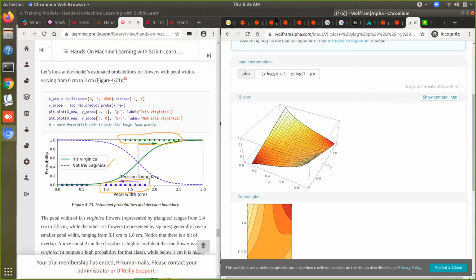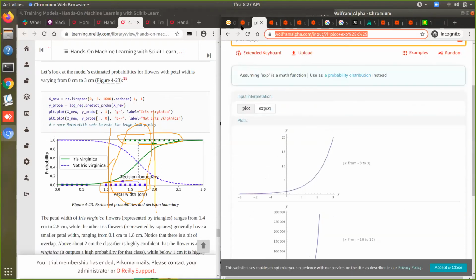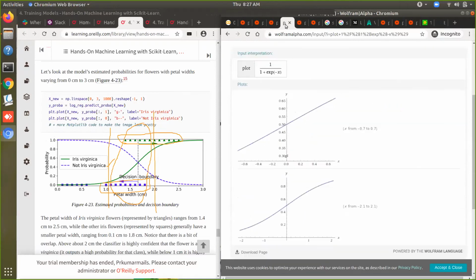If we make a cutoff here, we can be damn sure that it is not a virginica flower. If we make a cutoff here, we can say it is pretty sure that it is Iris virginica. But within this region, there will be some mixture of both.